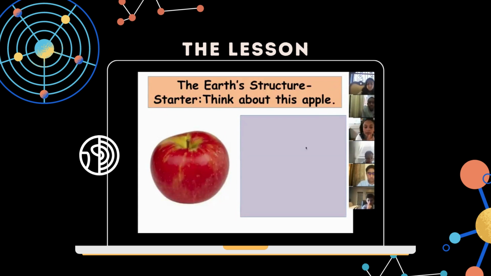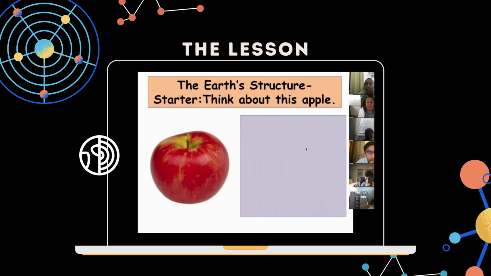Kayla? If you keep on eating into an apple, it has layers like the earth. And when you get to the last layer, it's the core, like the thing that holds the apple. Also, if you take the apple by the stem and you spin it, it's just like how the earth orbits. Lovely. That's an interesting point. Rodney's freaking out because I think he wanted to say the same thing.